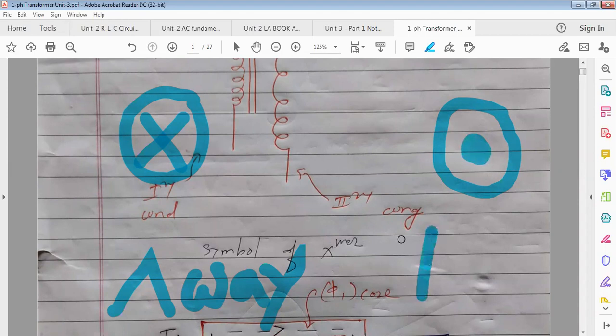So whenever current is moving toward the observer, the dot convention is used. So cross and dot conventions are clear. Through any conductor, whenever current is moving away from the observer, that is represented by a cross, and whenever current is moving toward the observer, that is represented by a dot.